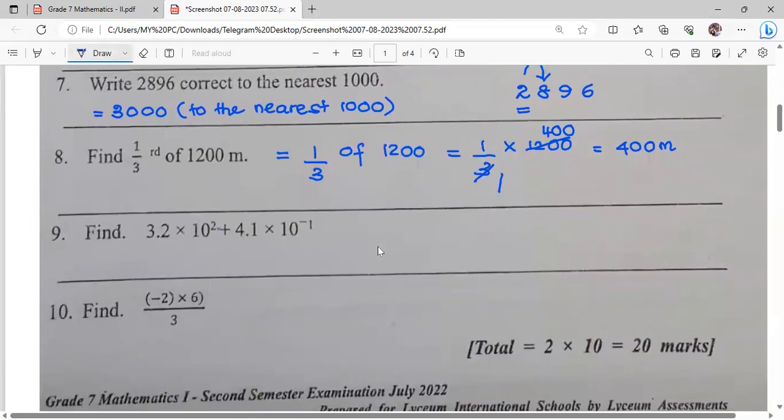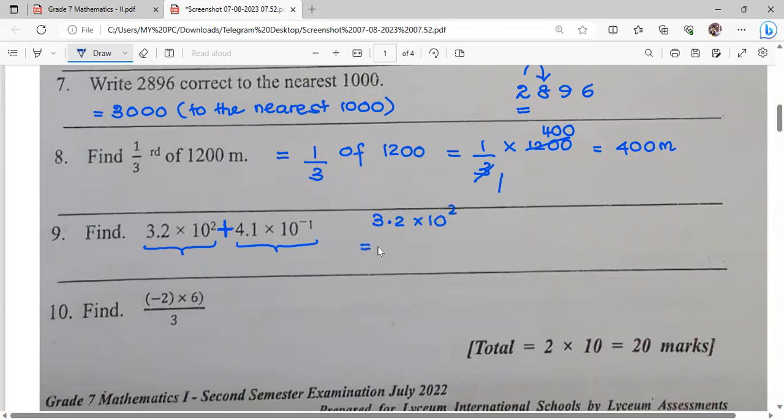400 meters, right? Then the next one, you want to do it carefully. Hope you can see in the middle the plus sign. That means you want to add this value with this value, right? So first what I do, children, I'll get this 3.2 10 to the power 2.